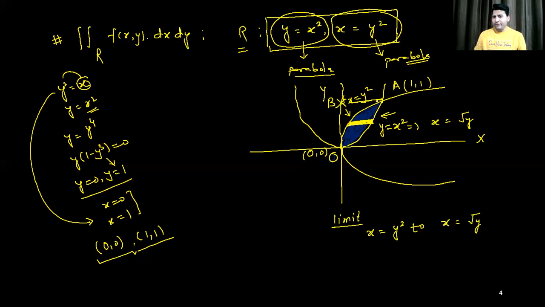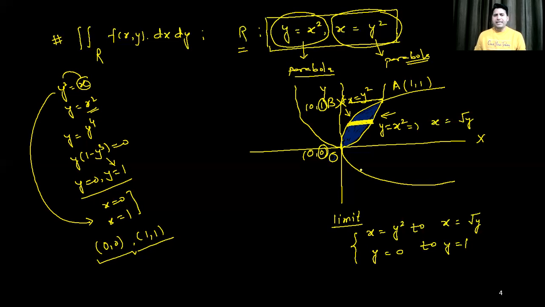This is 1, 1. So on y-axis, the distance is 1. So this point will be 0, 1. Now, obviously, I think you get the limit. The y limit is what? 0 to 1. Limit of y will be y equal to 0 to y equal to 1.